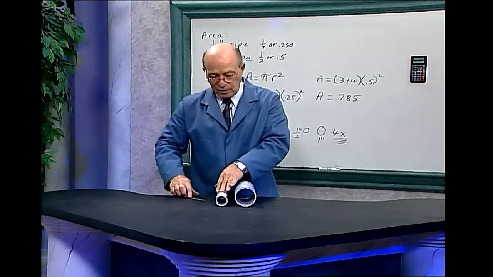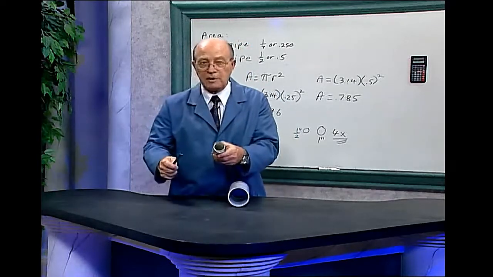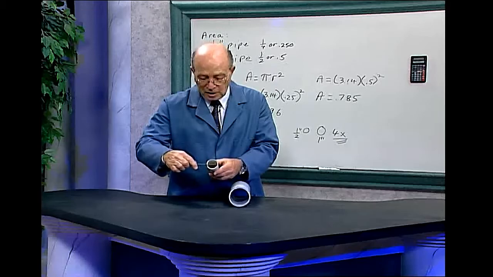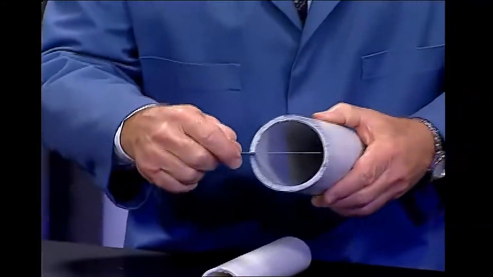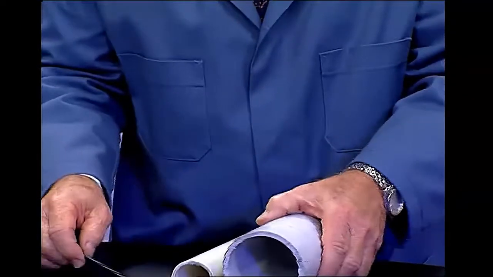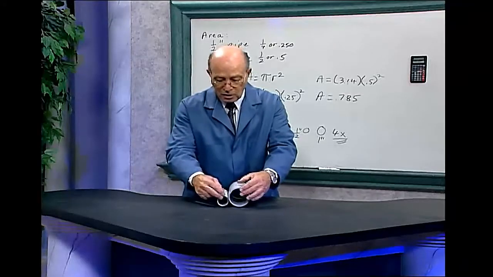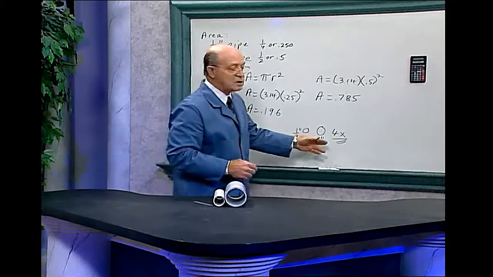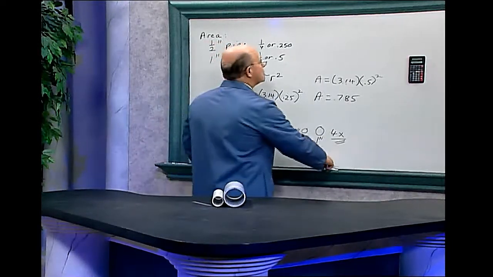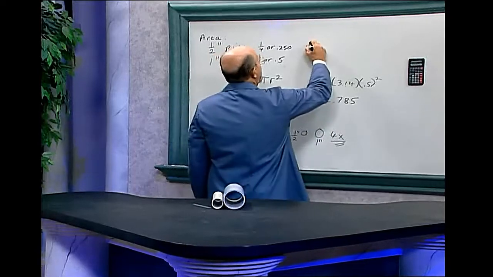I have a piece of tubing here, this is PVC, plastic tubing. This is 1.5 inches, and this is a piece of 3 inch tubing. Now let's see if the area between these two tubings also increases 4 times. So we'll just get the formula then.